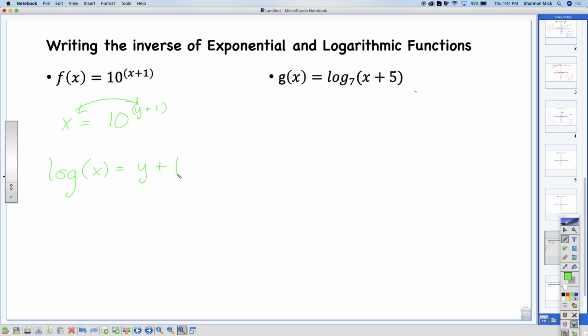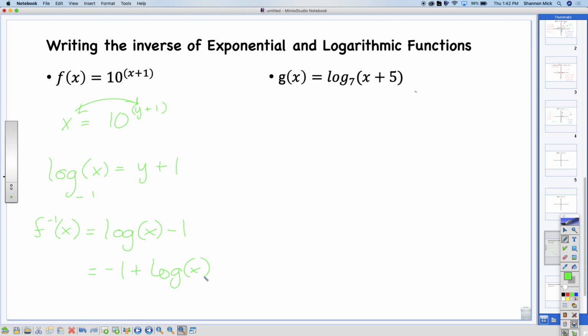And then what? Subtract 1. So f inverse of x is going to be log of x minus 1. Now, could I also write it as negative 1 plus log of x? The book will do that once in a while.